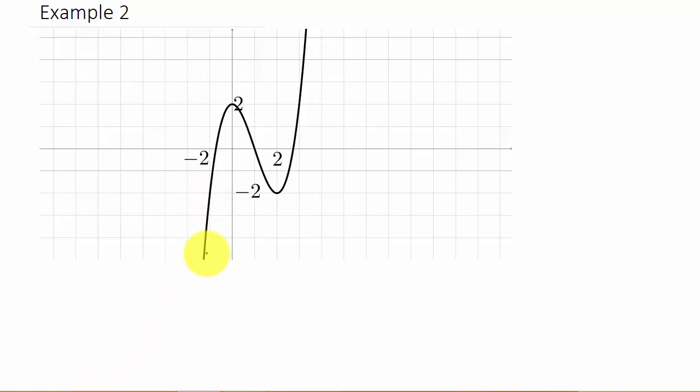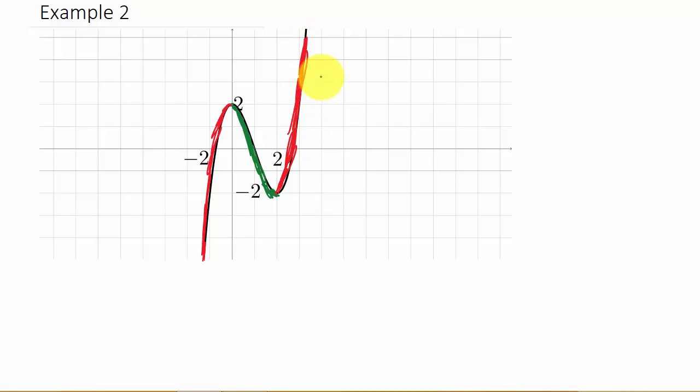We can see that this graph is increasing until it gets to right here, and then it starts decreasing. So let's put that in another color. Here it's decreasing until it gets to this point, and once it gets there, it starts increasing again.